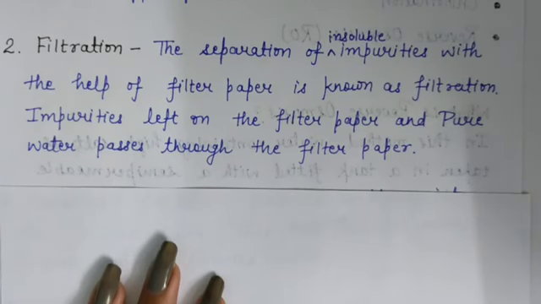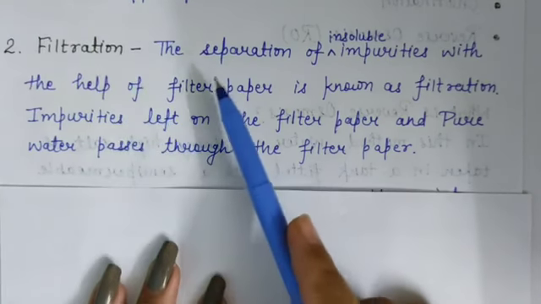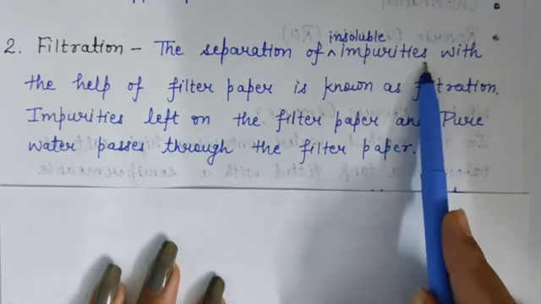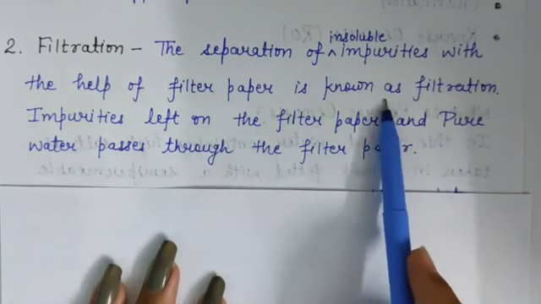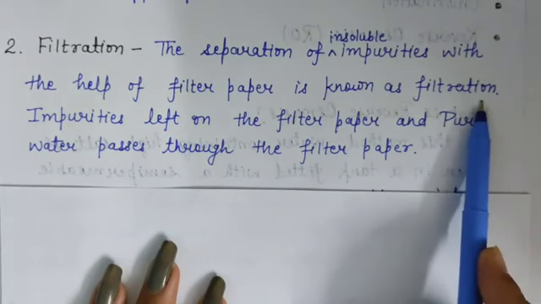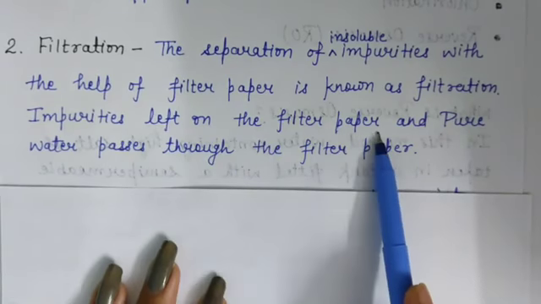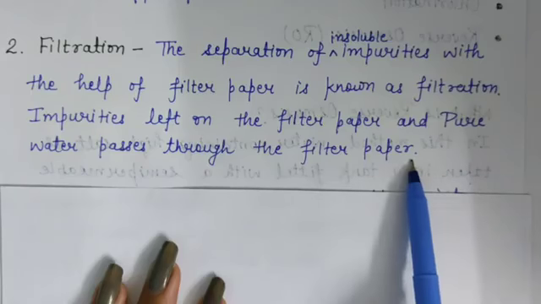Okay, now second step is filtration. Now what is filtration? The separation of insoluble impurities with the help of filter paper is known as filtration. Impurities are left on the filter paper and pure water passes through the filter paper.